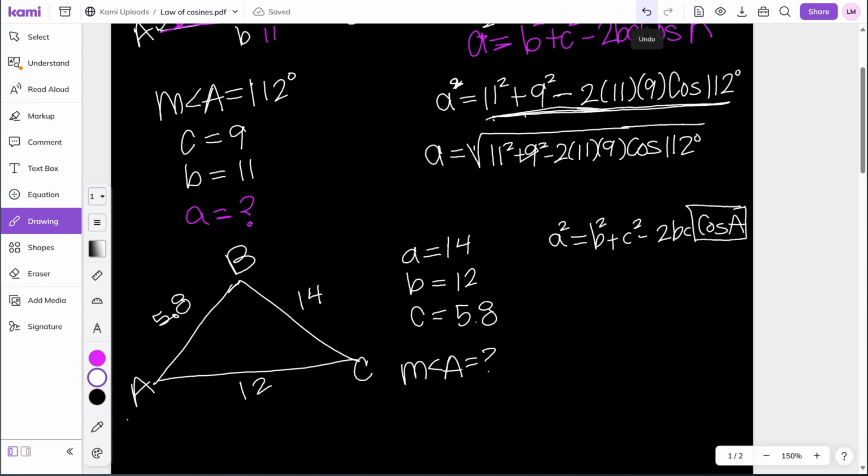Because I'm looking for the angle. So I'm going to move the B squared and C squared over. So I'm going to subtract B squared and C squared from both sides.